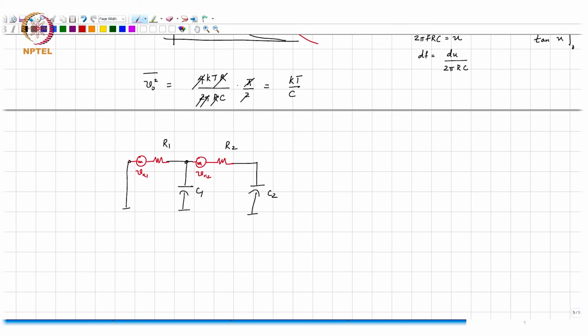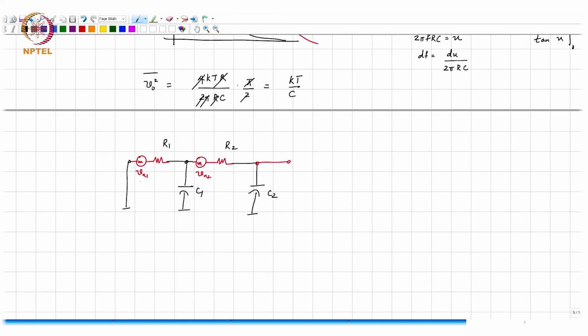So, you have two resistors, so you have two noise sources, and let us say we are interested in finding the spectral density and the mean square noise across C. What are we going to do? Nothing fantastically new.